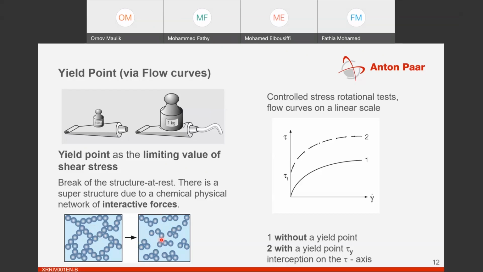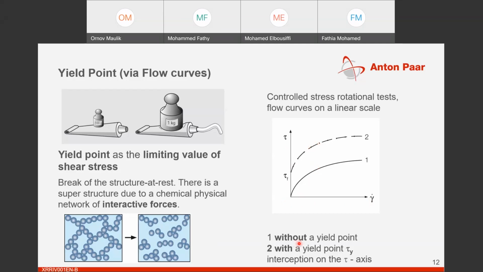That particular force, or the minimum amount of force that is required to deform this structure, is called the yield stress. Now, if you see graphically, here you can see a plot between gamma dot, that is shear rate, and shear stress. And here you can see two examples.